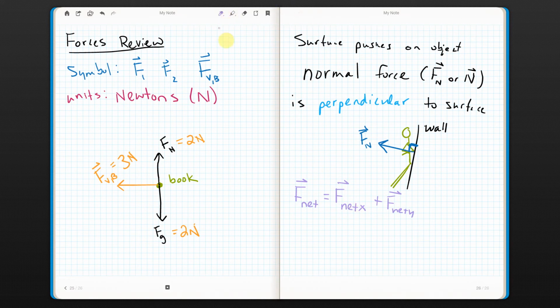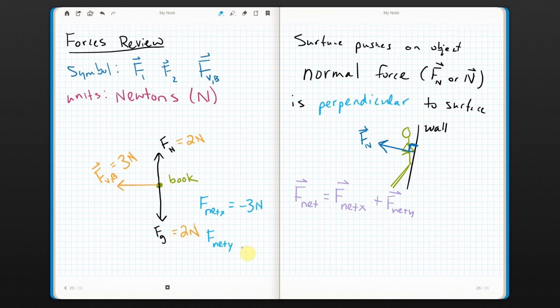I add up the stuff in the x direction, which is, well, I've got 3 to the left, and I've got nothing on the right. So F net in the x direction is just going to be -3. And then I add them up in the y direction.